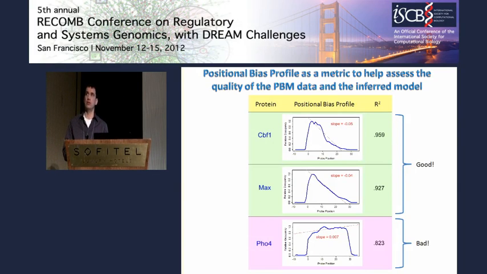I think the two biggest PBM artifacts, one is a known G-content artifact where poly-Gs affect the efficiency of the double stranding of the oligos when you're making the PBM microarray. And also, GC content affects the actual level of reflection of the fluorescence off of the microarray back to the scanner.